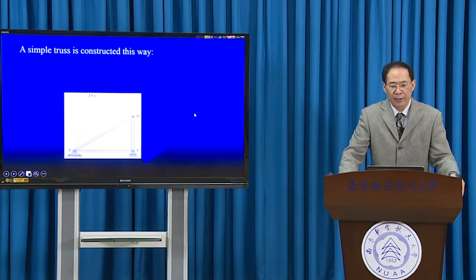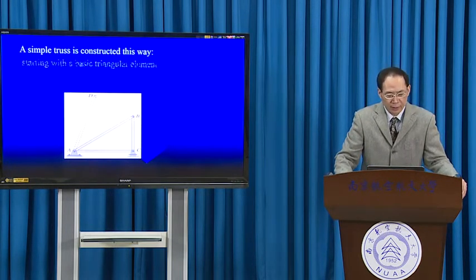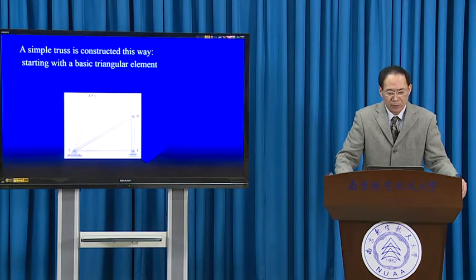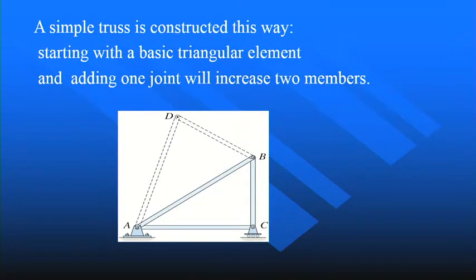A simple truss is constructed this way, starting with a basic triangle element, and adding one joint will increase two members. For example, here, adding one joint D will increase two members, AD and BD.